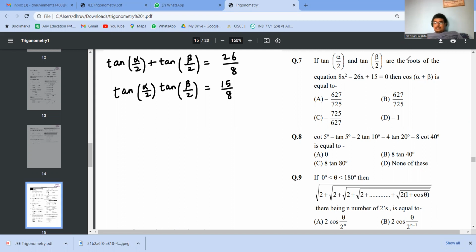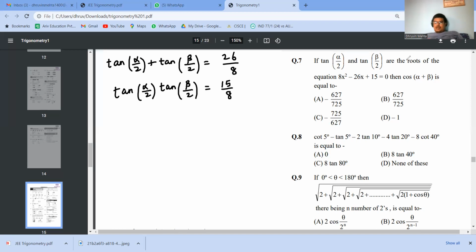So can we use the tan alpha plus beta formula? Tan alpha plus beta, and how will that help us? Tell me, how will you use that formula? Because the cos 2 theta formula has tan theta in it, 1 minus tan square theta upon 1 plus tan square theta.